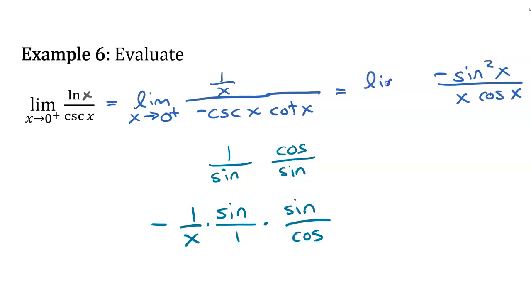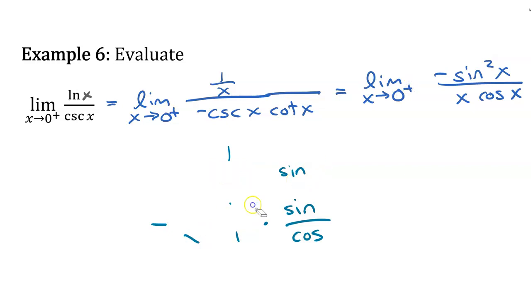Limit as x approaches 0 from the right. There we go. That's a little bit easier to see. One fraction is enough for me. Okay, so now let's see if we can apply the limit. Once again, this is a little bit harder to visualize, but that's why we have calculators, right? So, negative sine squared x, well, sine squared x would just be sine times sine, right?